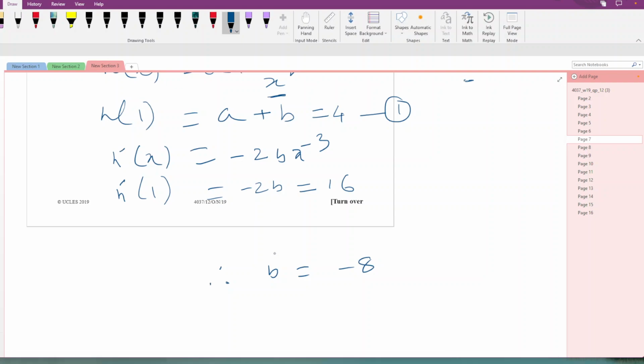Put the value of b in equation 1: a minus 8 equals to 4.